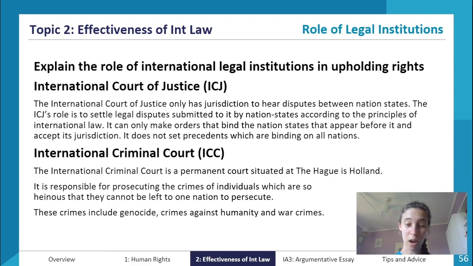And basically those crimes are so awful that they can't be left to one nation to prosecute. So things like genocide, crimes against humanity, and war crimes are examples of that. So it gets to a level where it's too serious for individual nations to be expected to deal with the crimes.